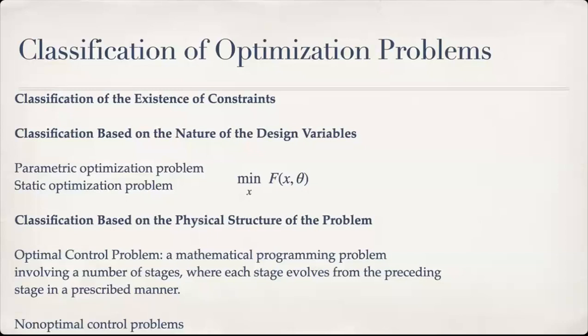And you see that this kind of problem is dynamic in nature, okay? So you can expect that the objective function or constraint involves the ODE or PDE, okay? Differential equations, okay?